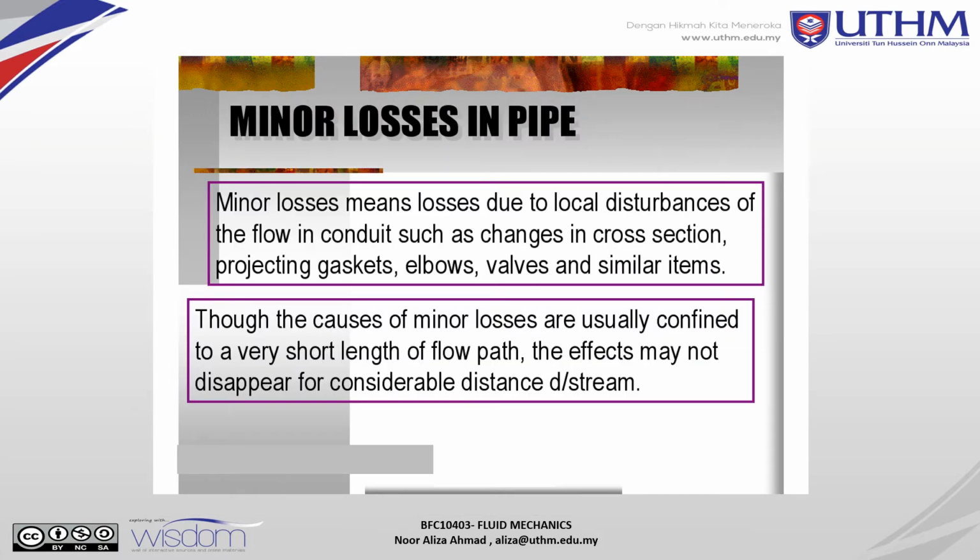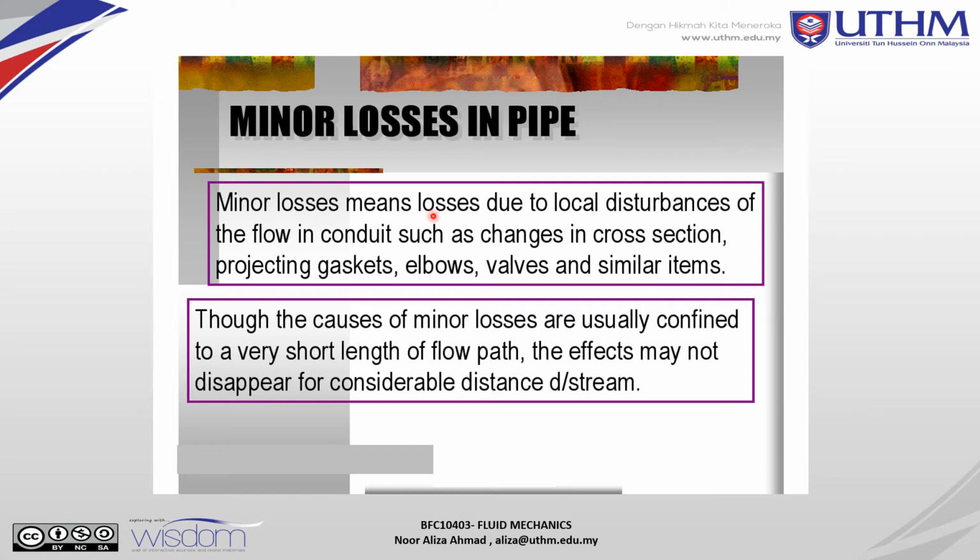So we continue with minor losses in pipe. The previous slide that I explained was more on head losses due to friction along the pipe. But now I will cover the minor losses in pipe, using the symbol HM.